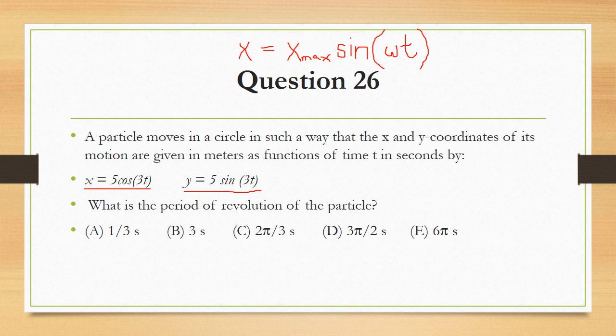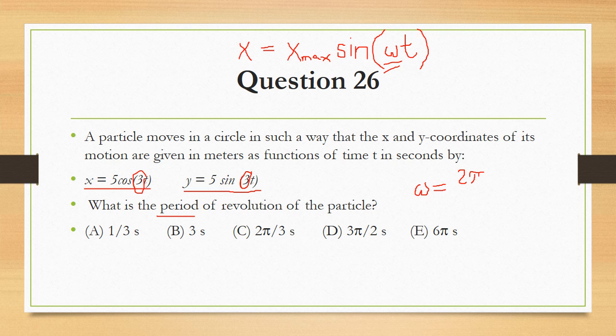What that means is that from the formulas, you have all the information you need to solve for the period, because this first term in front of the t must be omega. So that's 3 in both cases. Well, what is omega? Omega, as we learned in our rotational motion unit, is the angular velocity. So if I set that up, how fast am I moving angularly?